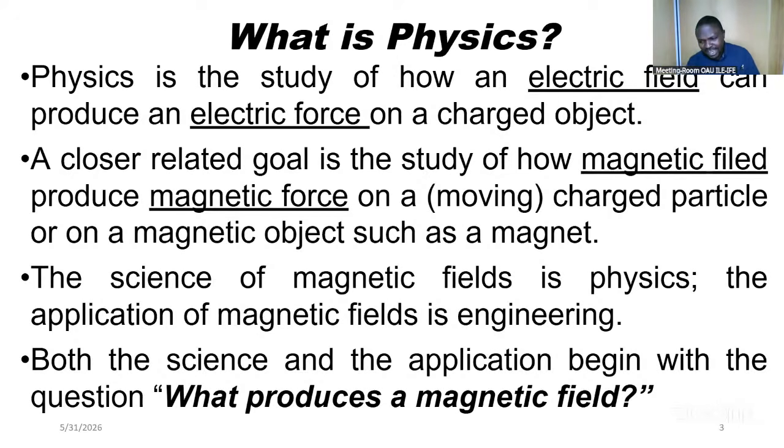In the case of a magnetic field, it can only produce magnetic force if there is motion. If it is static, it won't produce magnetic force. Also, it can produce magnetic force on a magnetic object such as a magnet.